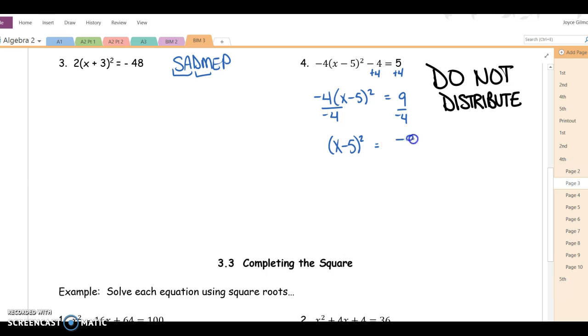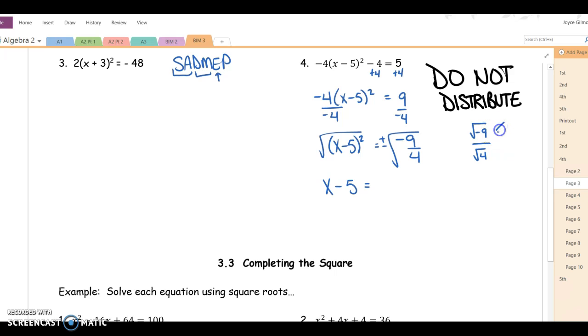And I'm going to leave this as the fraction negative 9/4. Next, we would deal with our exponent. How do we undo the exponent? With a square root. Don't forget about your plus minus. Okay, over to the side, we've got the square root of negative 9 over the square root of 4.